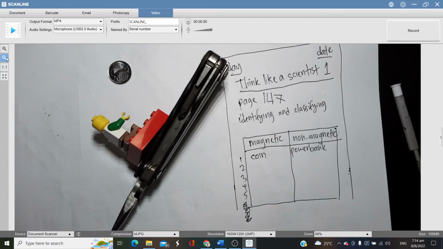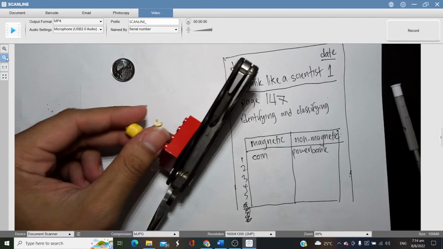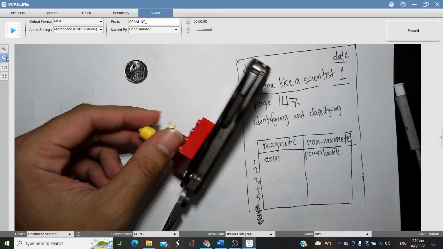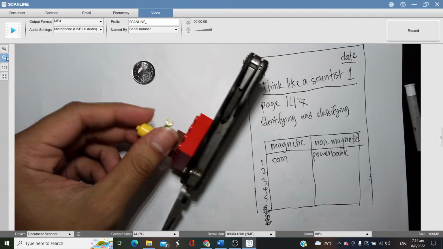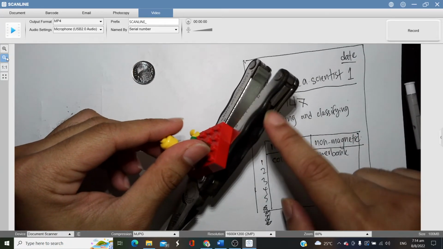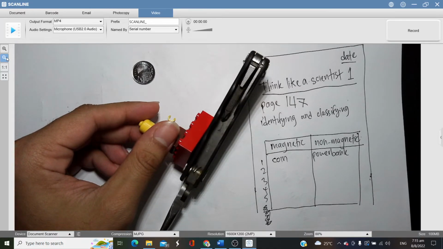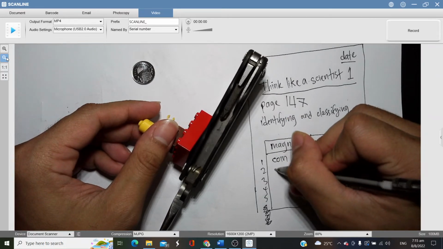So what is this? Let's say you try, and you don't know what to call this item, this object. Anyway, you need to know so that you can write.